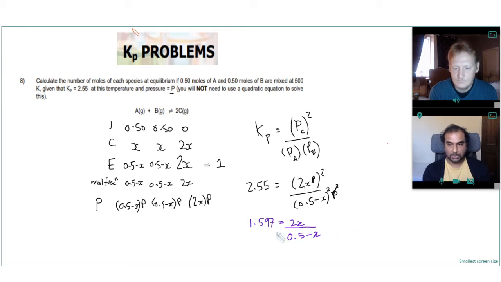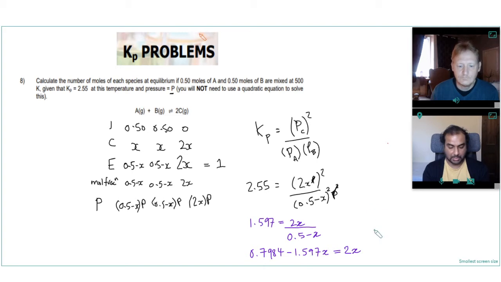So multiply both sides by 0.5 minus x. That takes me to 0.7984 minus 1.597x equals 2x, which I can proceed to solve as a linear equation.